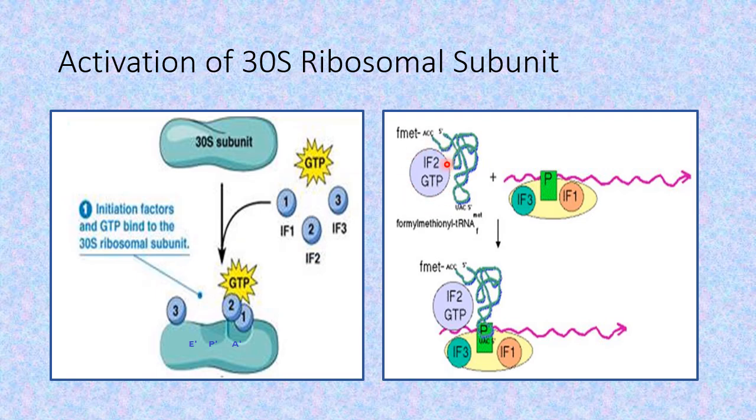So this IF2 basically guides this transfer RNA that is charged with formyl methionine, and brings it so that it may associate with the P site. The E site is blocked, the A site is blocked, and for the purpose of initiation, only the P site is available.